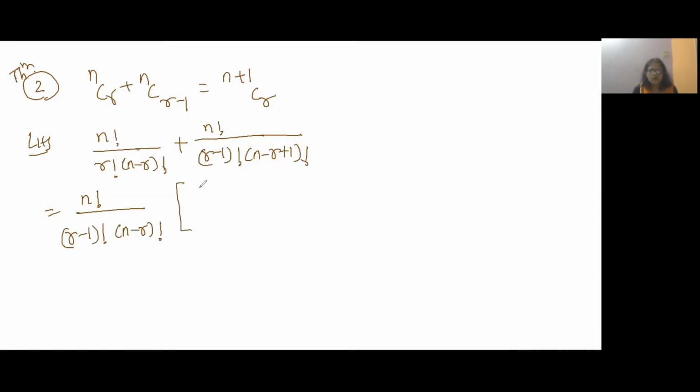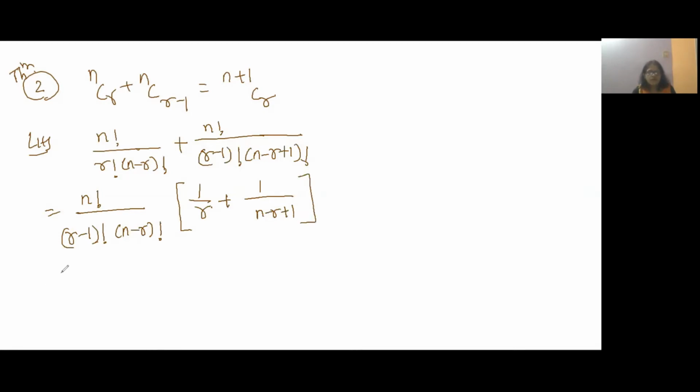So here you are getting 1 by r, because r factorial, here we have taken r minus 1 factorial, plus 1 by (n minus r plus 1), where n minus r is already taken. So you will be left with n minus r plus 1.